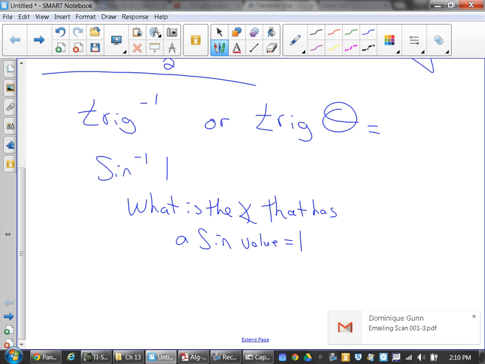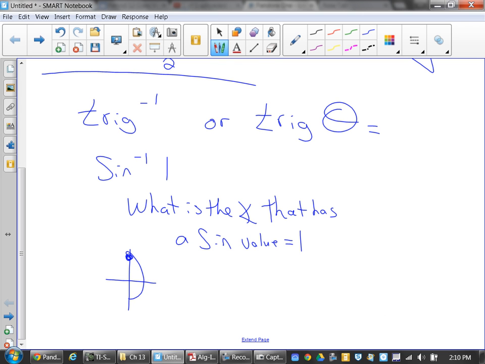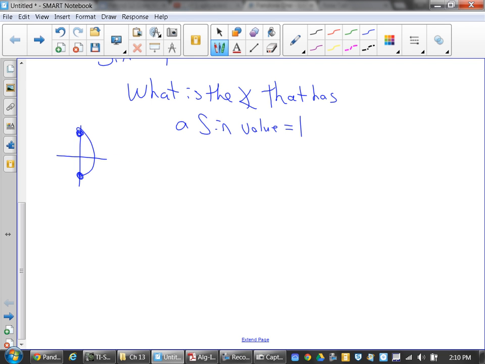That's when you have to worry about your placement values. Remember, your values for sine, if you're trying to find the angle theta from a sine value, are always going to be bound between pi over 2 and negative pi over 2.